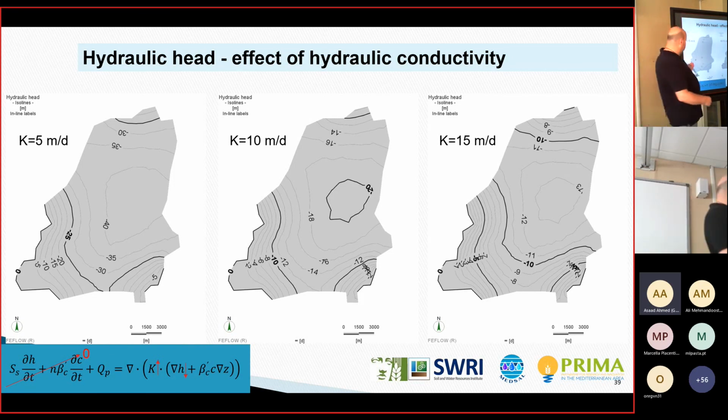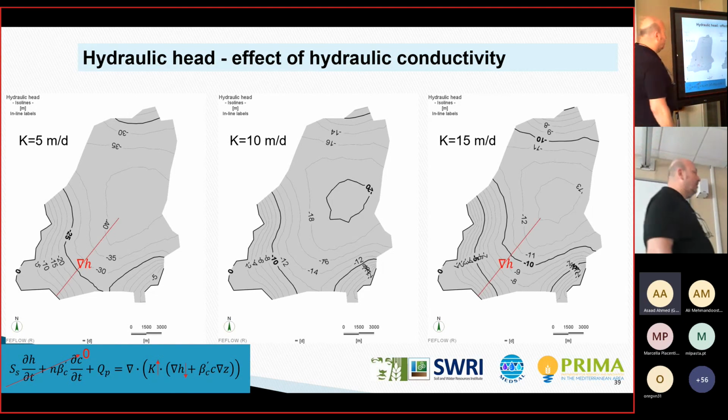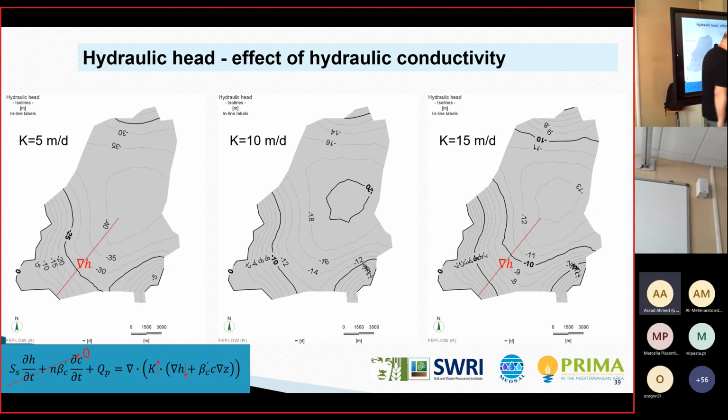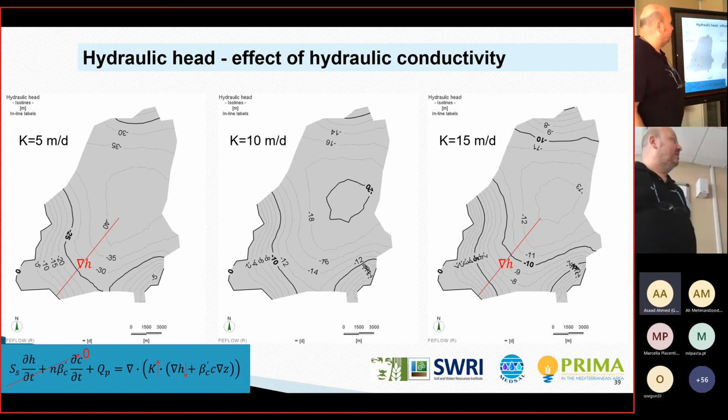This means that the hydraulic gradient, the difference of hydraulic head between 2 points for a particular distance, is lower in case hydraulic conductivity is 15 meters per day compared to the lower hydraulic conductivity.